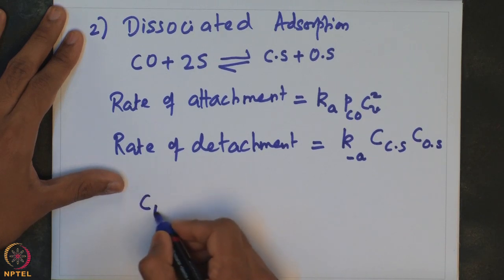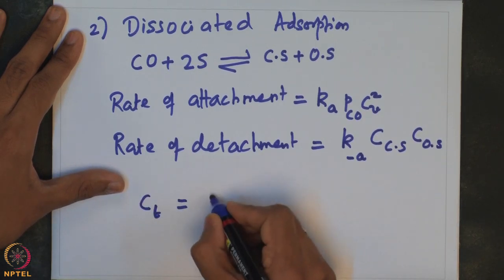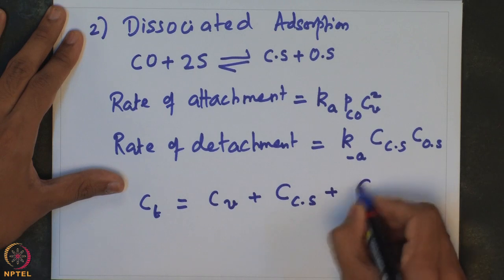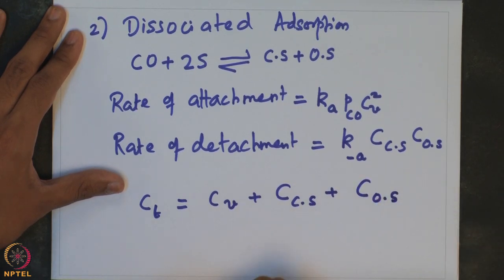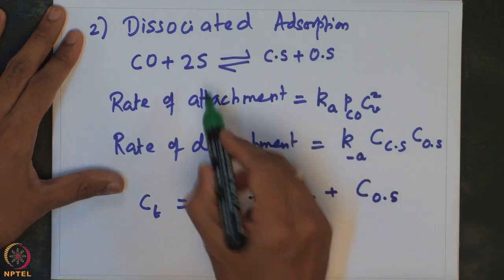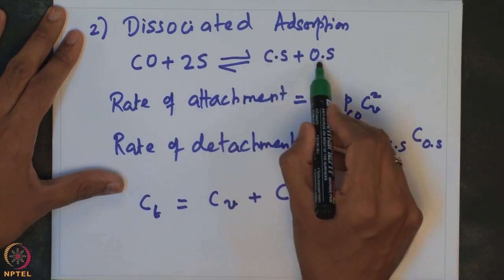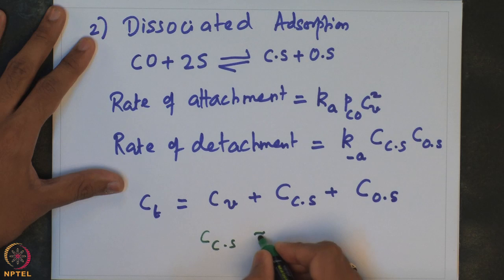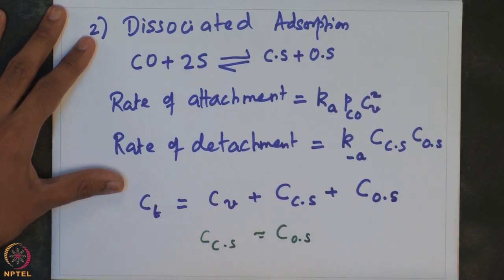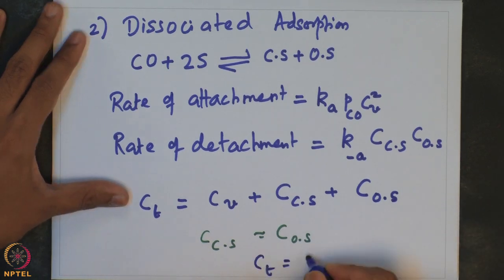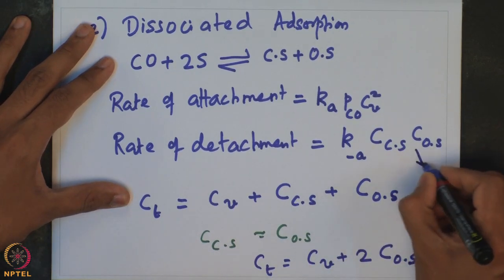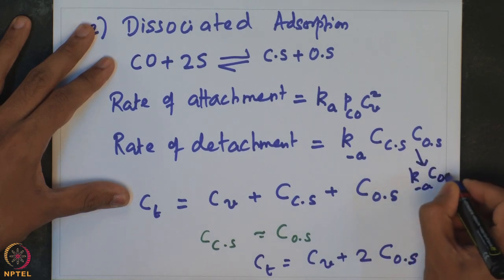And the conservation rule now is Ct, the total concentration of sites, will be Cv plus the concentration of sites occupied by C plus the concentration of sites occupied by O. Since the active sites containing C and O come from the same species, Cs should be equal to Cos, and so the conservation rule is Cv plus 2 times Cos, and the rate of detachment is K minus A into Cos square.